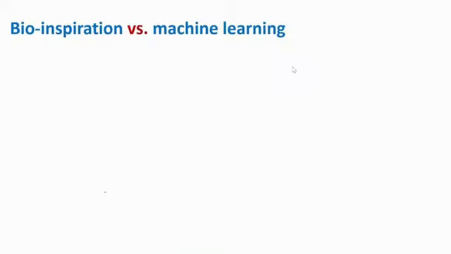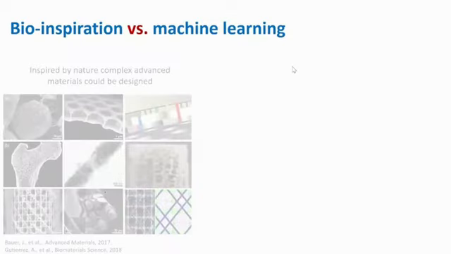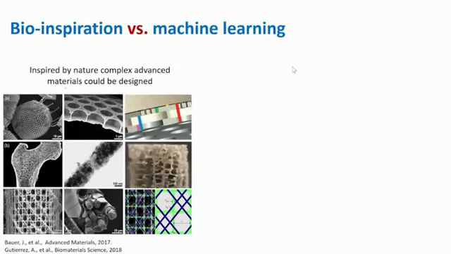So here I'm comparing bio-inspiration versus machine learning, since usually what is done is to take inspiration from biological systems. Here, for example, you see diatoms, which are a kind of algae, and bones or glass sponges.